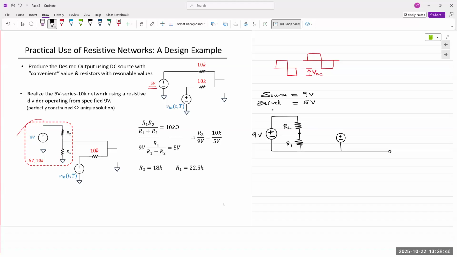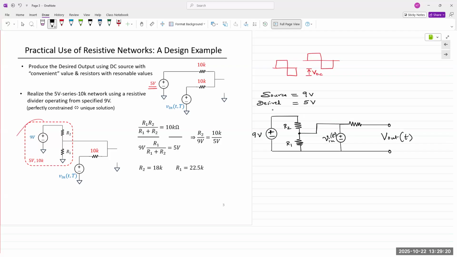That's how the circuit will look. And this is V in of T, and that is our actual V out of T.